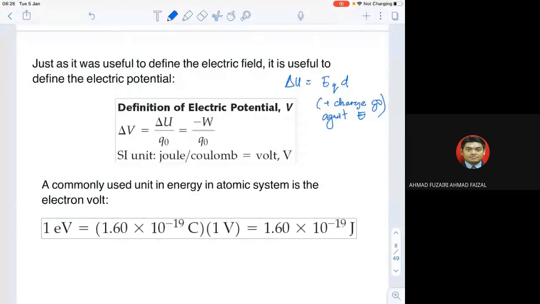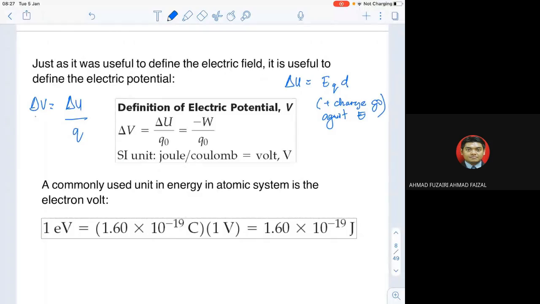The unit is volts, or the SI unit is joule per coulomb. All right, so delta V is the electric potential. The electric potential is given by the equation delta U over Q. We already know delta U is our electric potential energy.